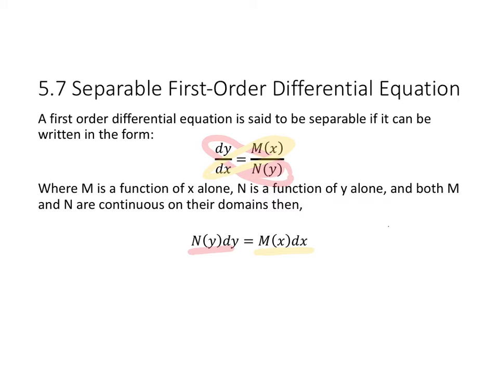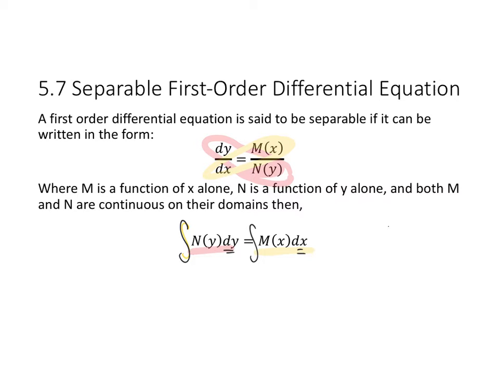And once they're all on one side, now I can integrate each side in order to find my next answer. So I would integrate this side with respect to y, and this side I integrate with dx or respect to x. This is the general solution.